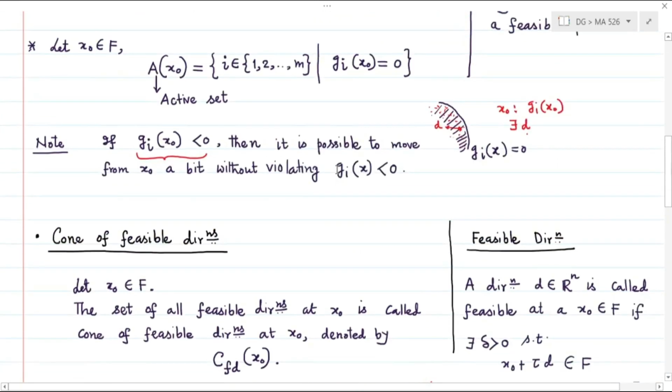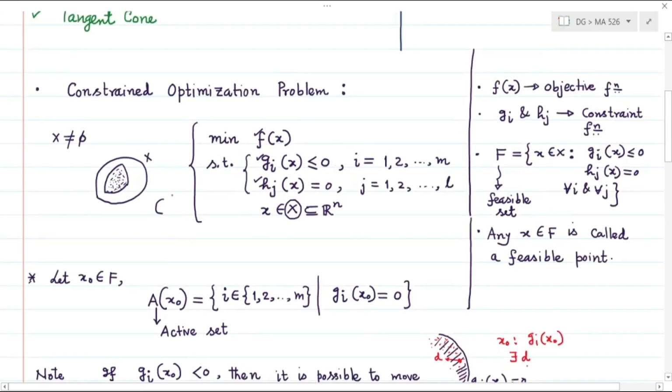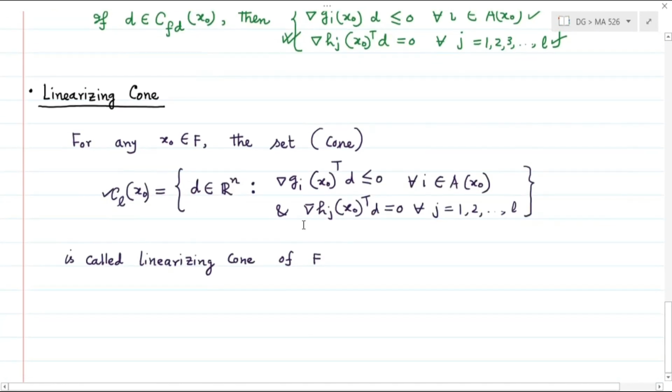Let me name this problem as the constrained problem, so let me just name it as P. Fine. Now let me come back to the linearizing cone. It is called the linearizing cone for the feasible set F or of the problem P at the point x0.